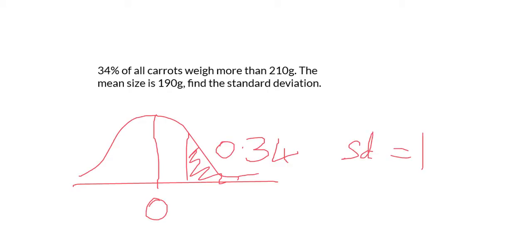Then we can do an inverse normal, and we want our tail to the right with an area of 0.34, so 34% or more than that. With the standard deviation 1 and the mean 0, that tells us that our z number is going to be 0.412.